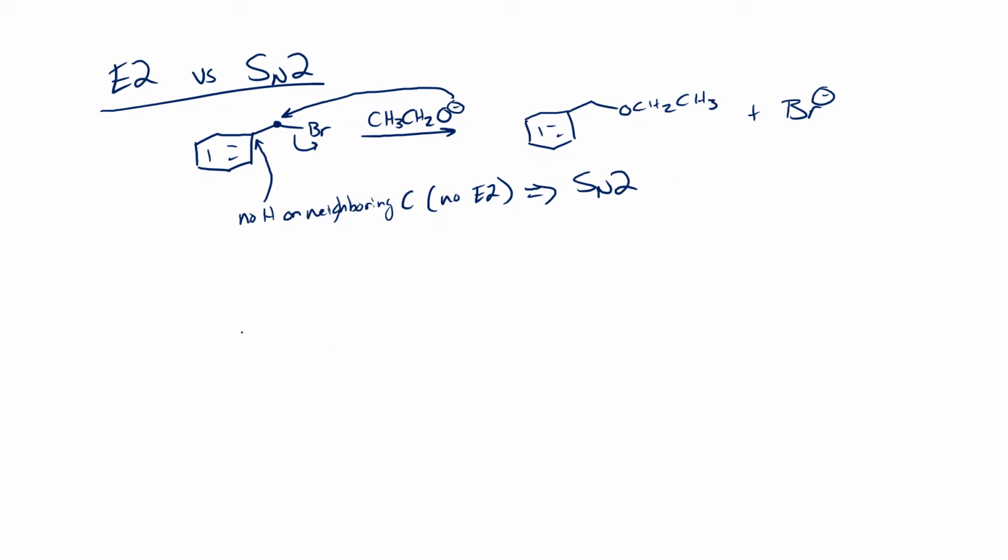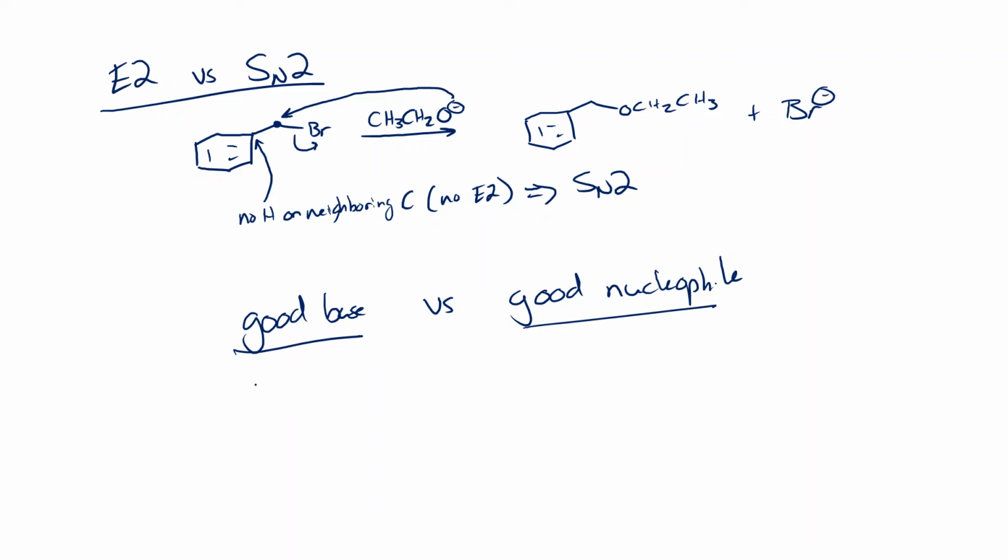The other times you're going to look for good base versus good nucleophile. And we have rules for both of these. Generally, we've been seeing things like O minus, N minus tend to be good bases. Good nucleophiles tend to be things like sulfur, nitrogen.